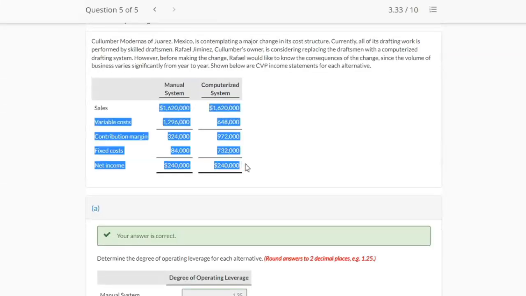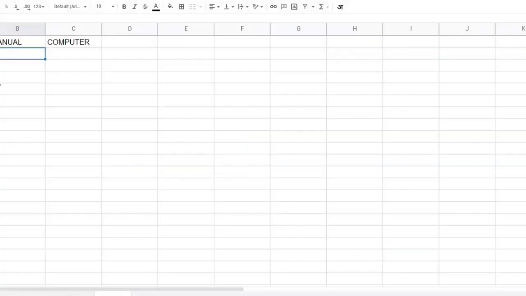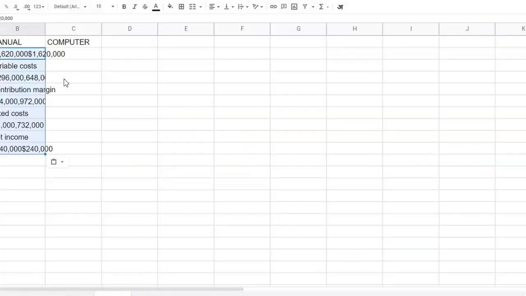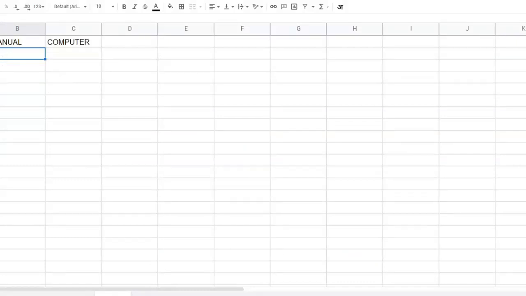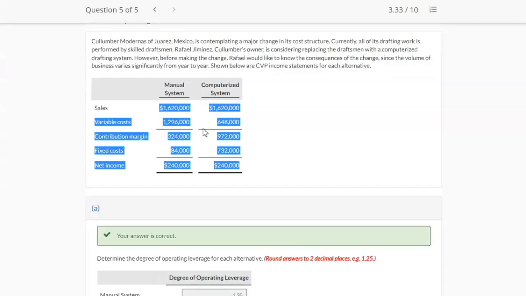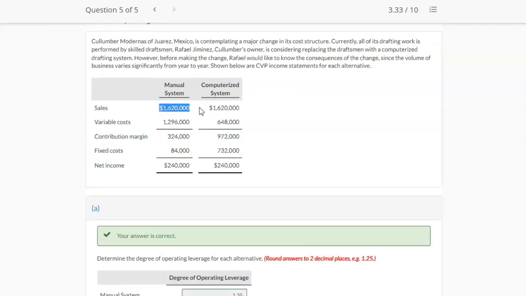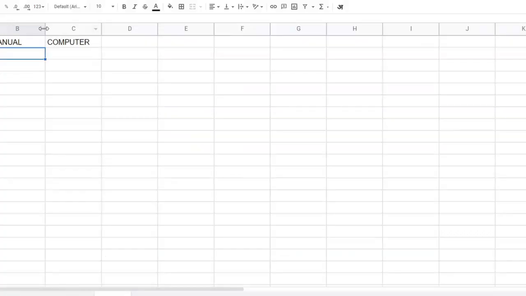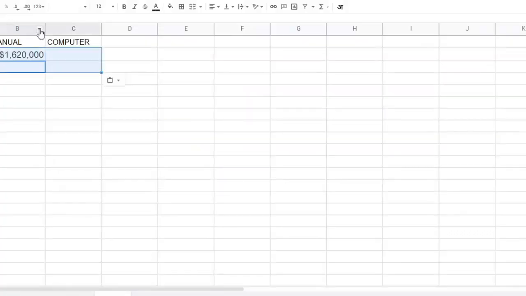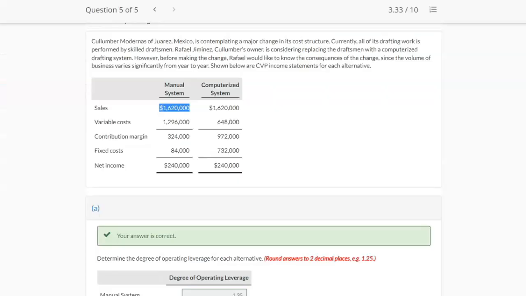I don't know if this works. I'll try this. No, no, no. Okay, get it out of there. What's the sales? It is 1,620,000 plus 128. No, plus 128. Okay.